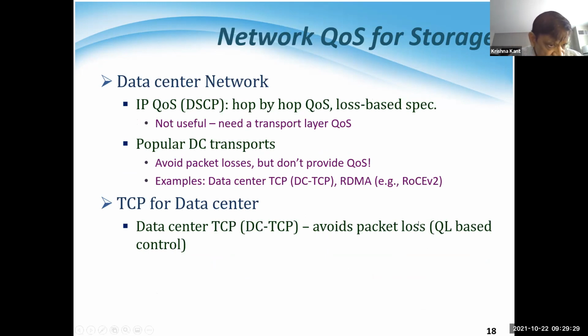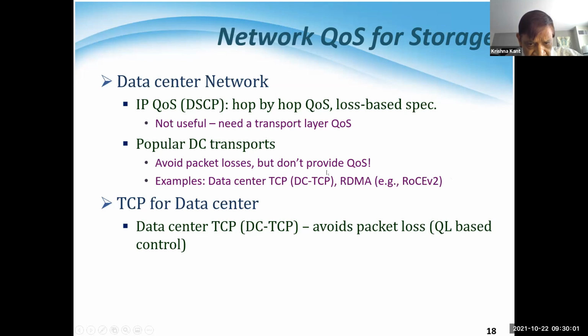For the longest time, we had IP QoS, DSCP. The problem is that it's not very useful. The reason is that it's all based upon packet loss, which is totally undesirable in a data center environment, and it is done hop to hop. What you need is an end-to-end QoS control.